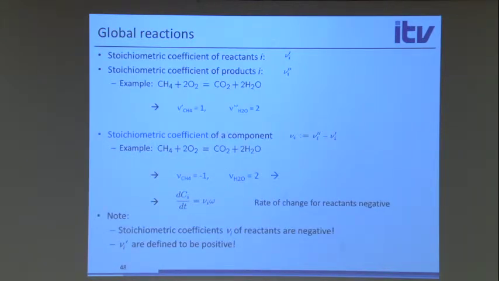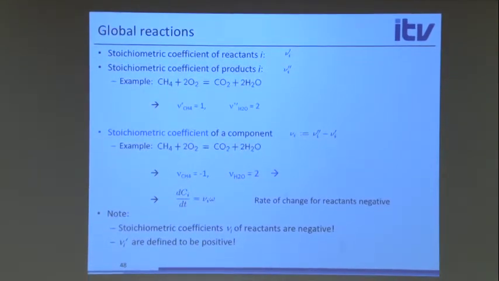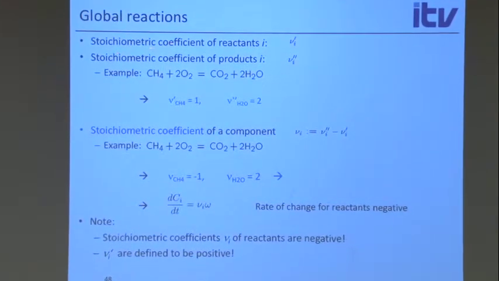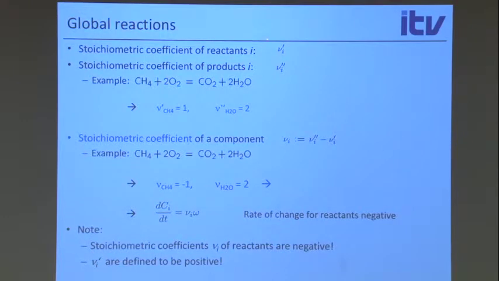So this is just about the nomenclature or the symbols we use. We define stoichiometric coefficients of reactants and products, and the reactants we denote with a prime, products with a double prime. If I do this for an elementary reaction, which really goes in both ways, it refers to what I wrote down.